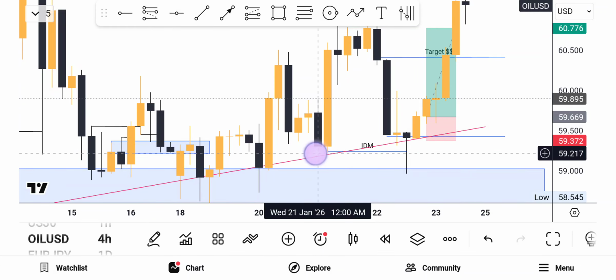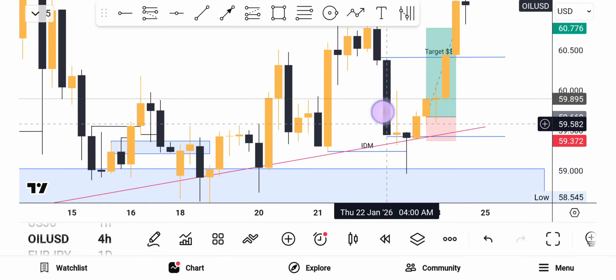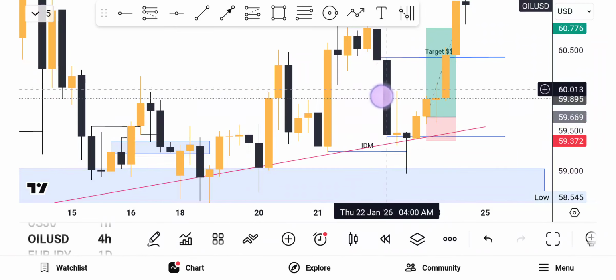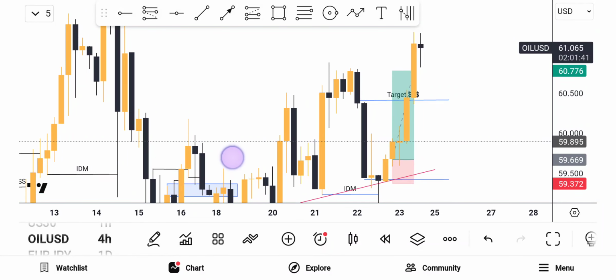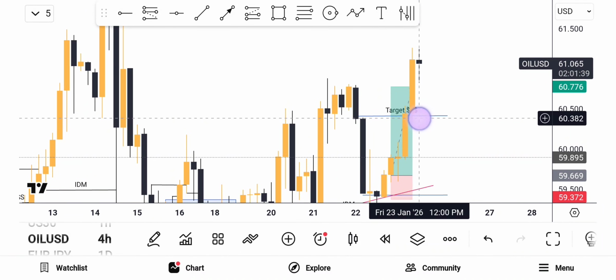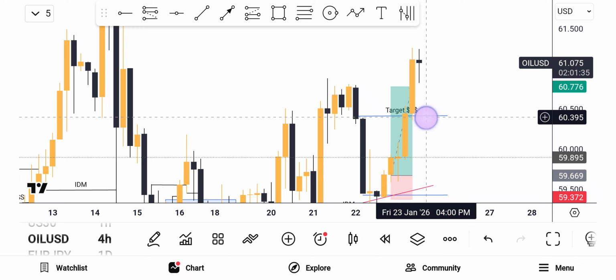It swept out this inducement, tapped into our demand zone, then closed back in this candle range. I know that this market was going, no matter what, to come back to our target, which is the high of this candle.